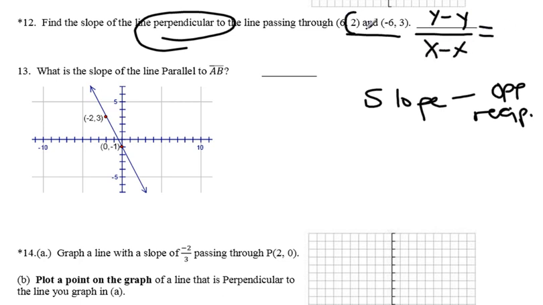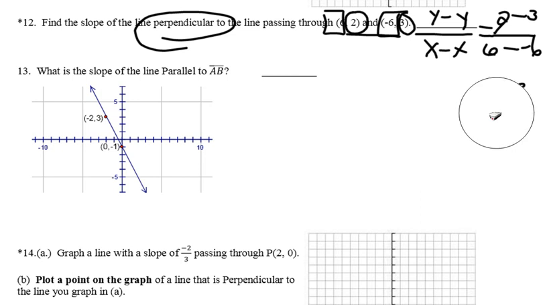So that's going to be 2 minus 3 over 6 minus negative 6. And 2 minus 3 is negative 1. And 6 minus a negative 6 is 6 plus 6, which is 12. So that's the slope of this line in number 12.